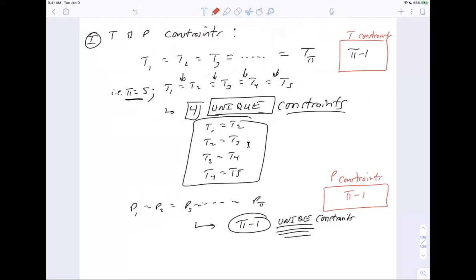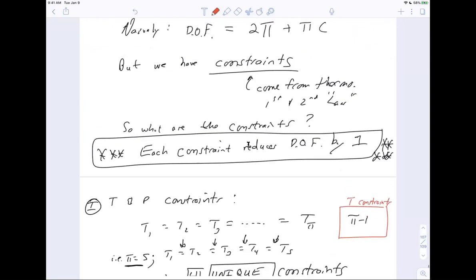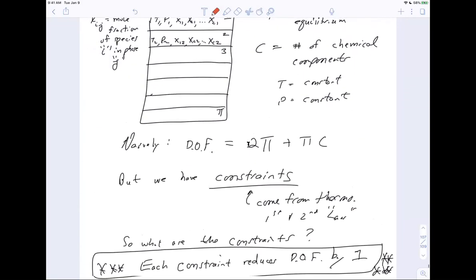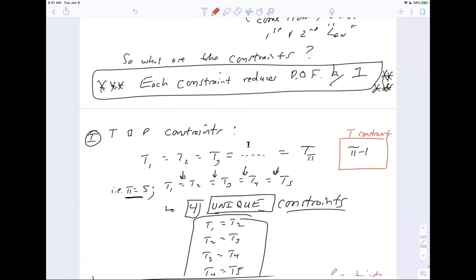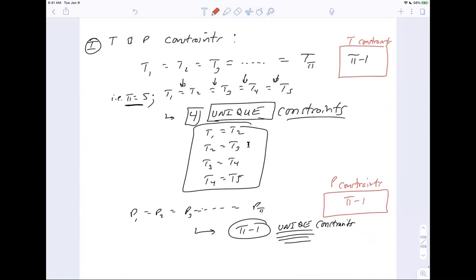So from our naive discussion of how many degrees of freedom we have, which was 2 pi plus pi c, let me write this down, from this total we're now going to have to subtract at least a pi minus 1 number of constraints from the pressure and a pi minus 1 number of constraints from the temperature.